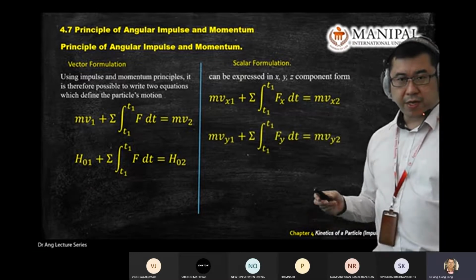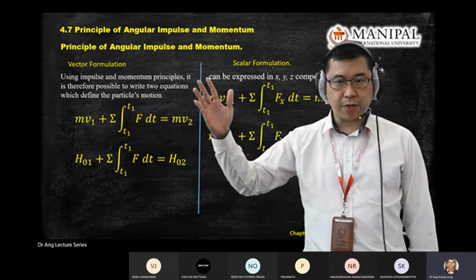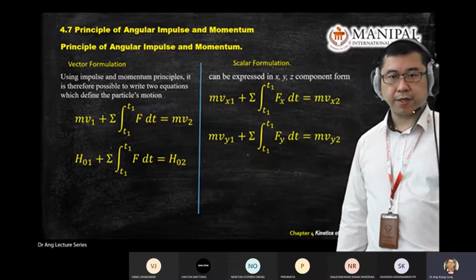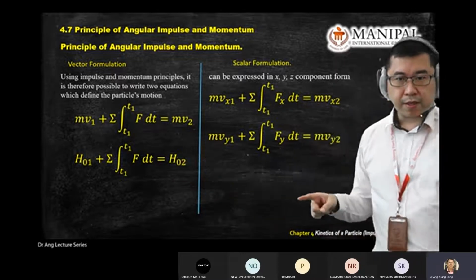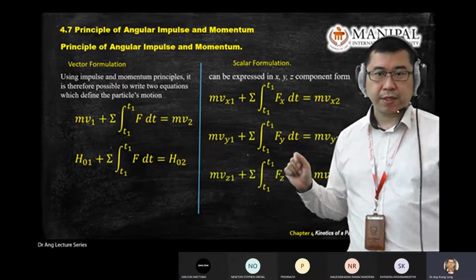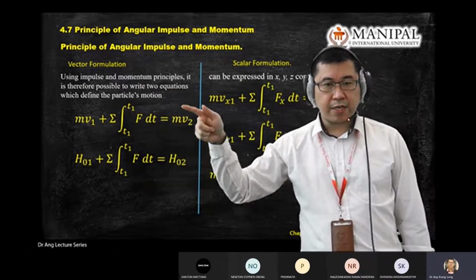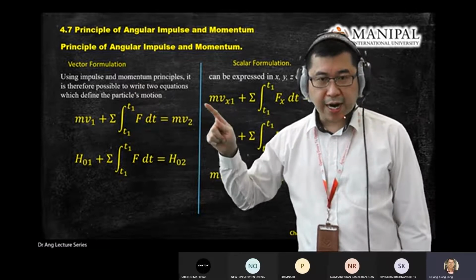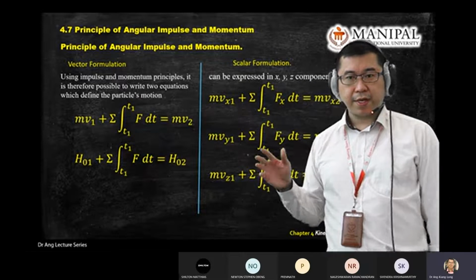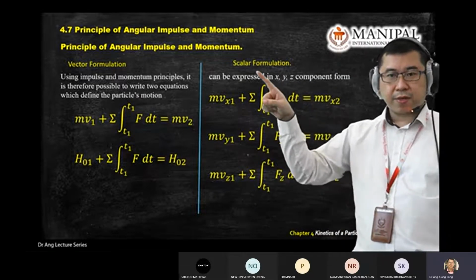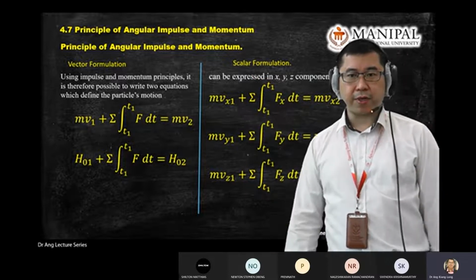I just put side by side the differences between the vector formula and the scalar formula. On the right hand side here, you have vector, which means inside here you are using i, j, and k. Scalar formula means you can express them in the x, y, z components.